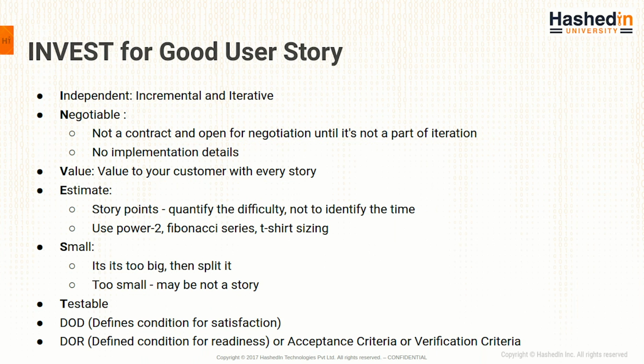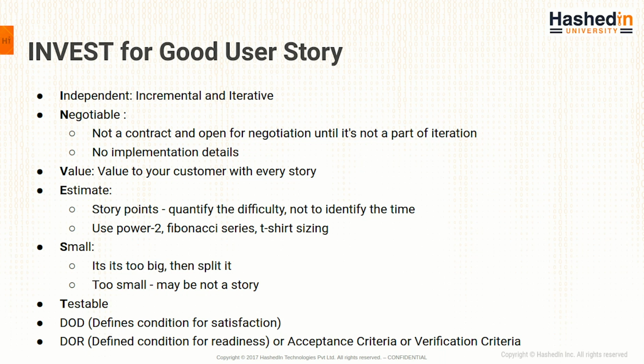Now, how do you write a good user story? First, the important things that a user story should cover. First, it should be independent. That means it should be an independent feature on its own. It should be incremental and iterative. Second, negotiable.